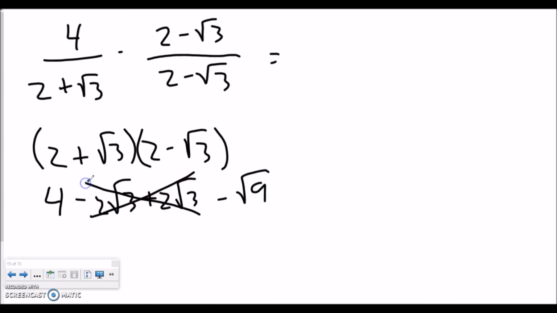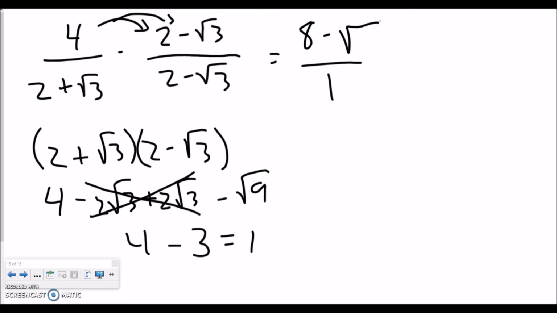Outers and inners cancel. 4 minus 3, that's just 1. Oh man, that makes it easy. Distribute the numerator. That's 8 minus 4 square roots of 3. As you get better at this and you do your FOIL, you might as well just skip the outer and inner, because I just said they're always going to cancel.